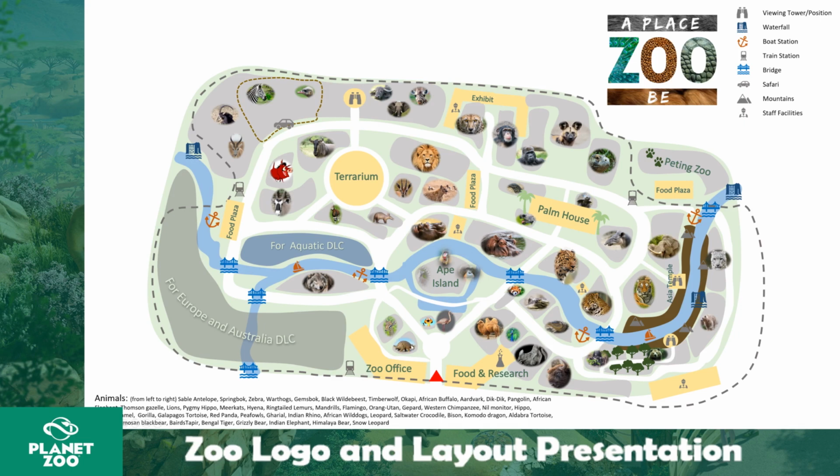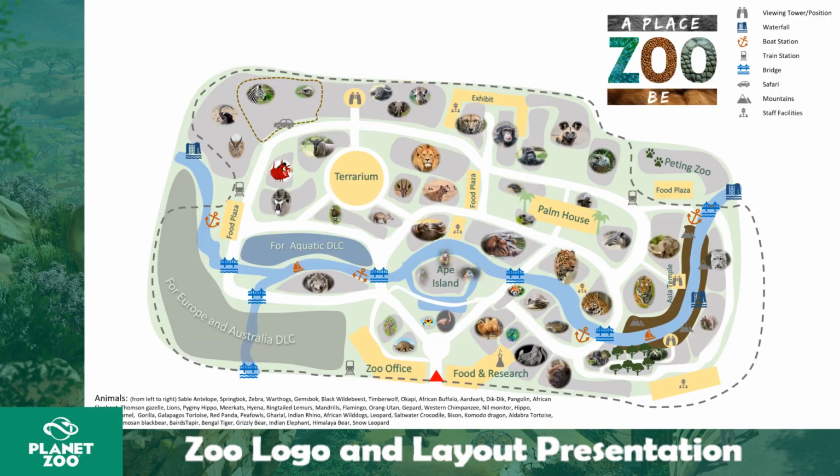Today I actually found a leak about the Chinese pangolin that I put here, and this is the Dik-Dik. So these are the two animals I would like to have in front of the zoo office, because I think they're quite small and don't need so much space. So I think they fit here quite well.